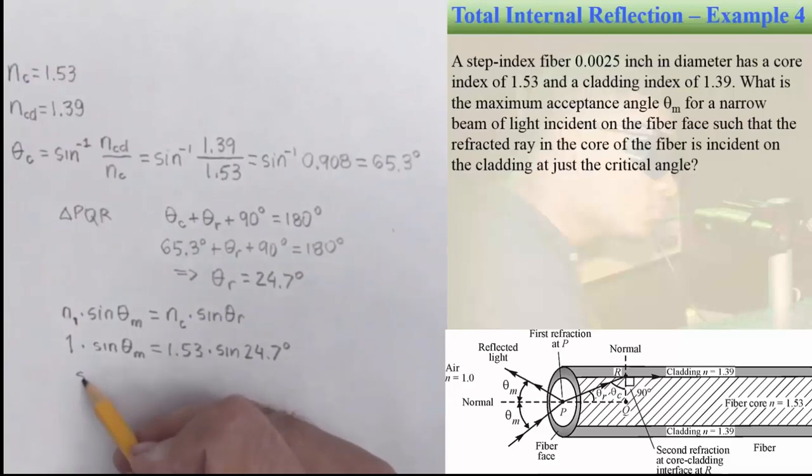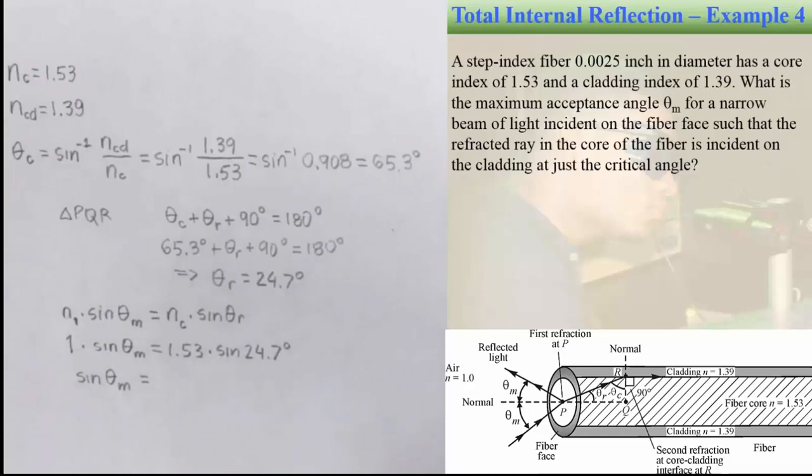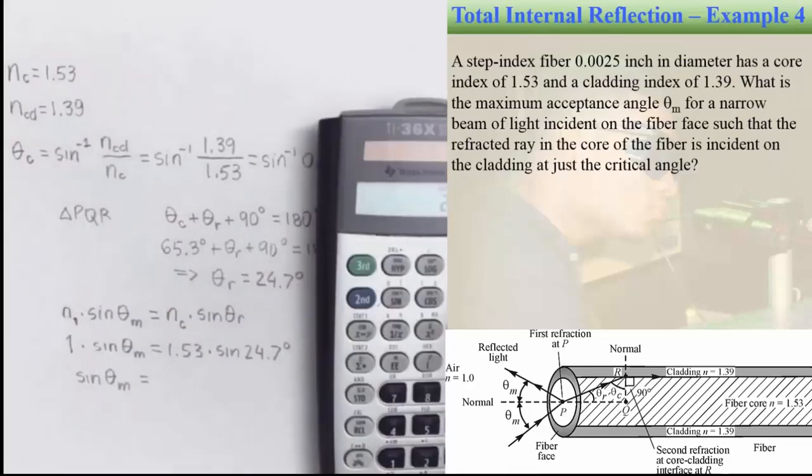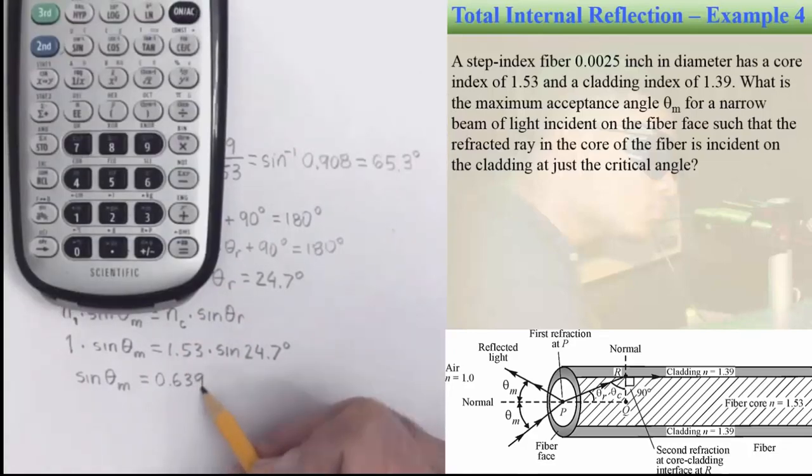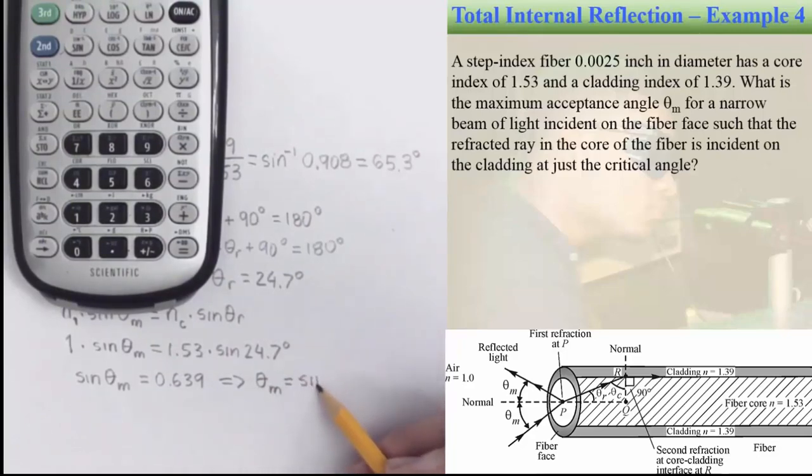So the sine of the unknown angle theta M is going to be equal to, here again, we are going to use the calculator. We calculate the sine of 24.7 and then multiply that sine with 1.53 to get the value of 0.639.